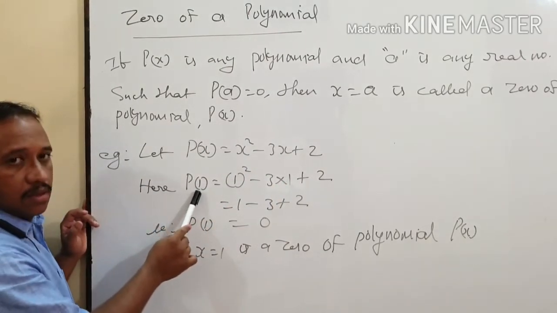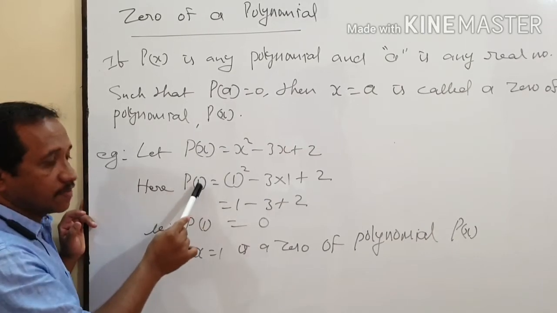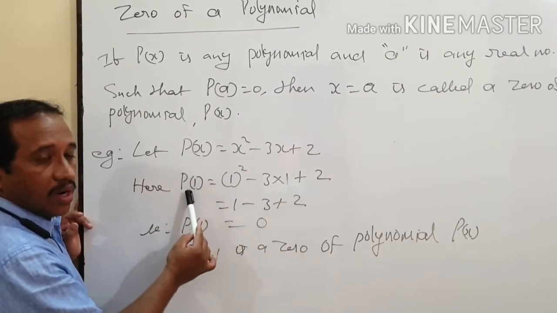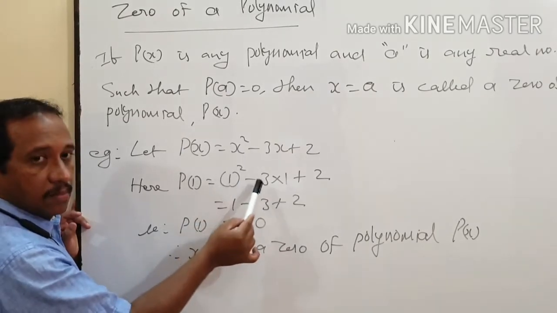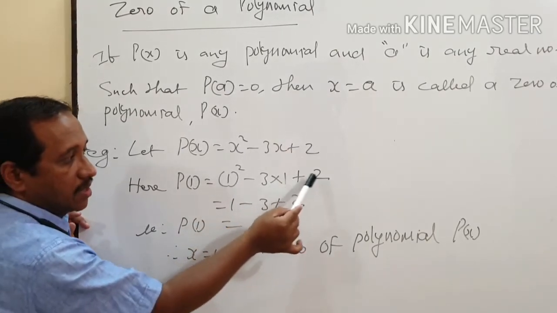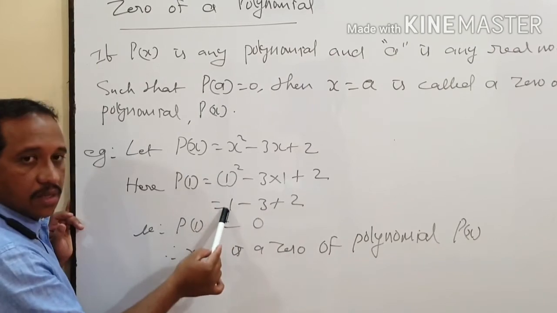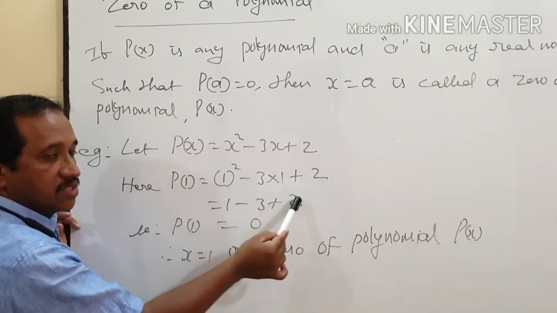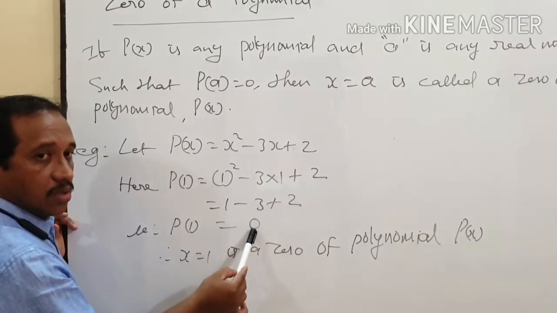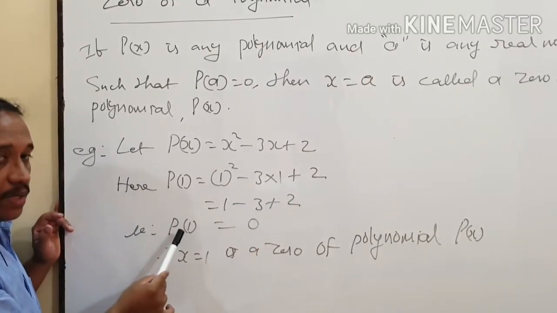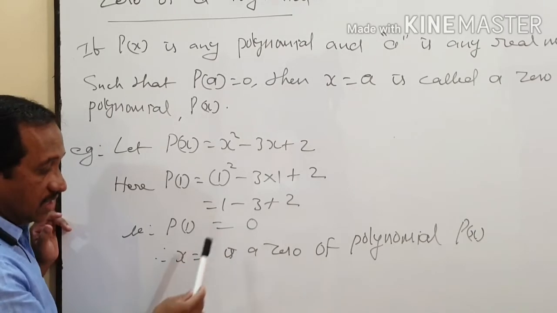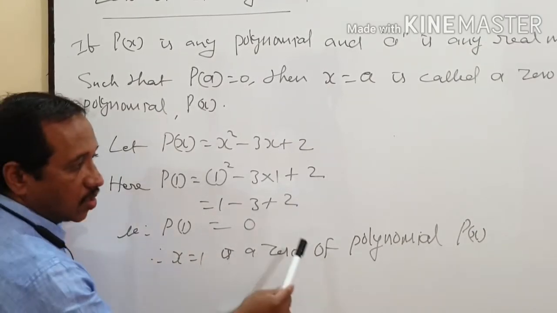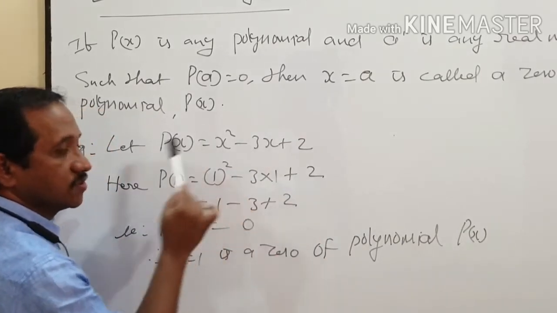Here p of 1 means x is replaced with the 1 and the value is p of 1 is equal to 1 square minus 3 into 1 plus 2. 1 square 1 minus 3 into 1 3 plus 2. 1 plus 2 3 minus 3 is equal to 0. That is p of 1 is equal to 0. Therefore, we can say that x is equal to 1 is a zero of polynomial p of x.